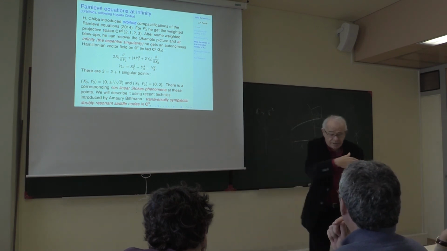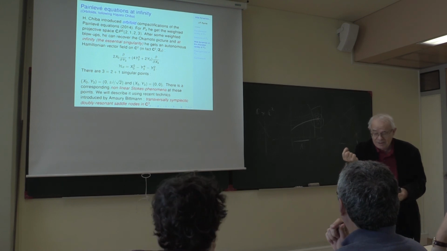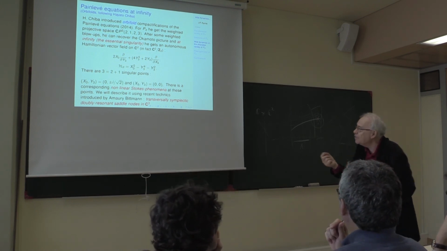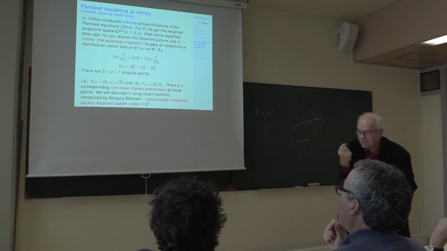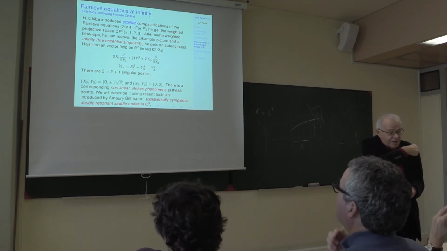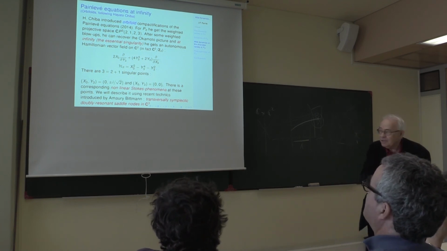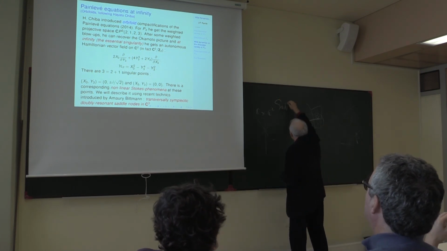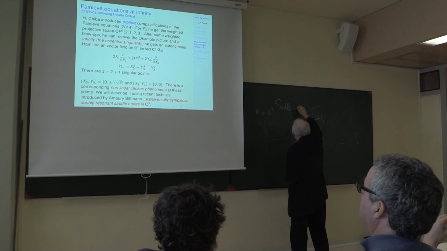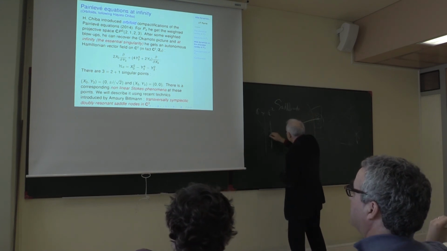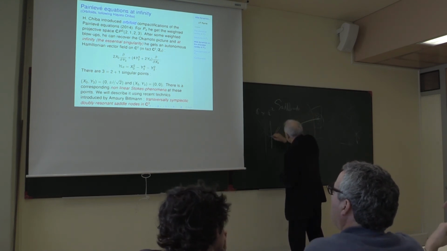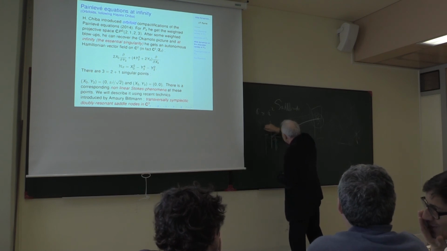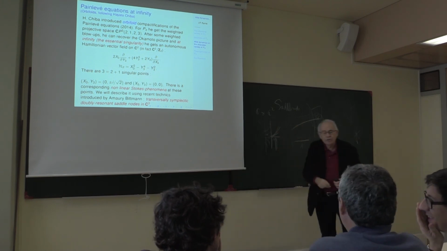And then you can interpret the singularity at infinity, each singularity of this Hamiltonian system, as a saddle node. You have the classical saddle node in dimension 2.